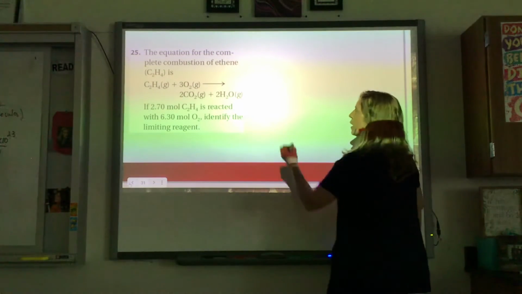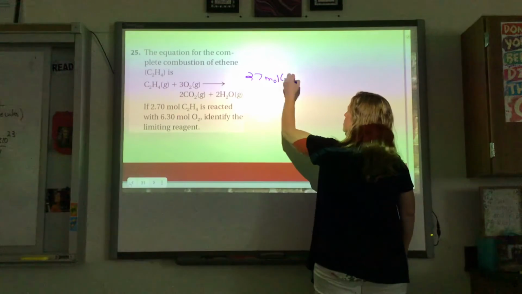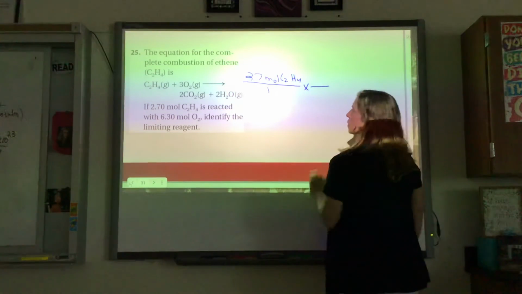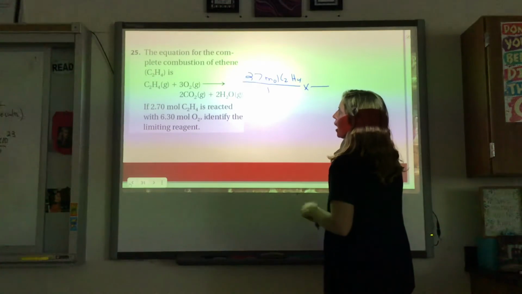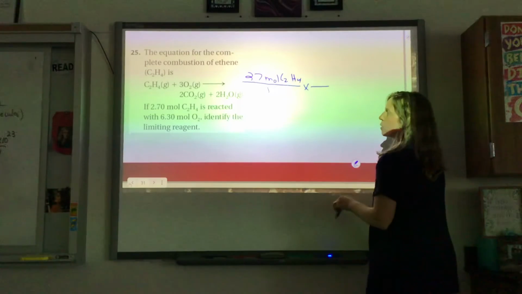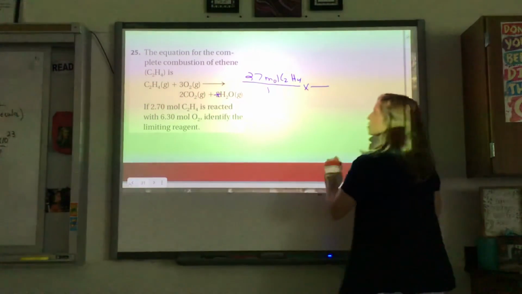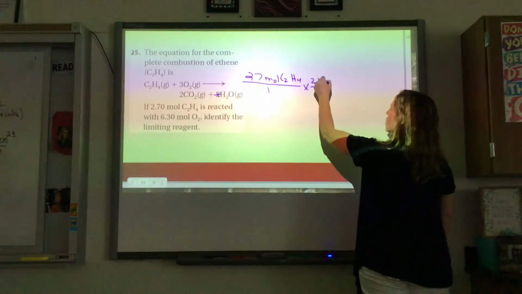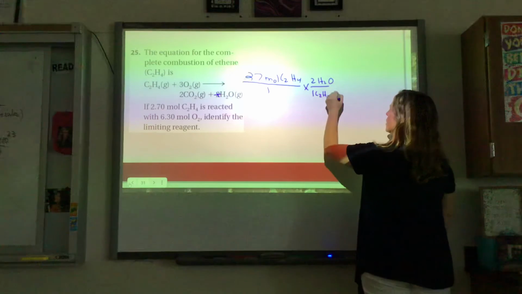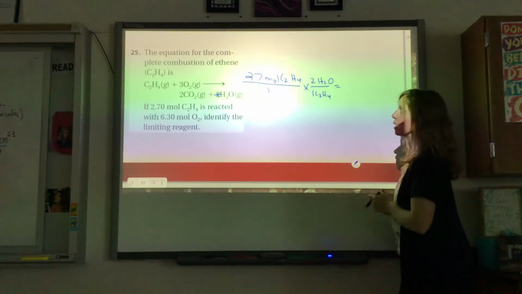Alright, so if I have 2.7 moles of C2H4 over 1, I'm going to be looking for water here. So I'm going to go directly to my mole ratio. This is my X, that's my given. So I have 2 moles of water for 1 mole of ethene. And I'm just going to leave it in moles because it didn't ask for grams.